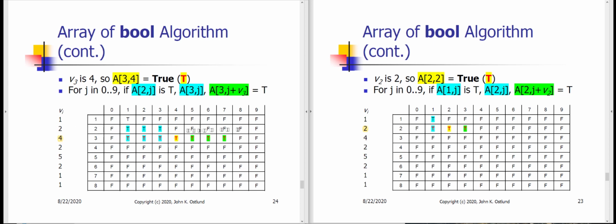So looking through row 2, we can achieve a value of 1 from row 2. That means we can also achieve a value of 1 plus 4 is 5 using the current value of 4. We can achieve 2, so that means we can achieve a value of 6 by also using the 4. And we can achieve a value of 3, so that means we can achieve 7 also using the value of 4.